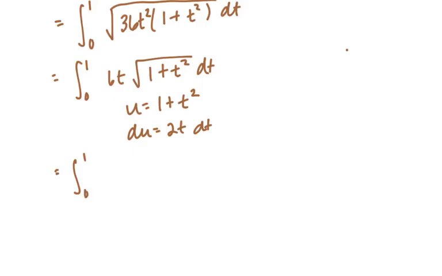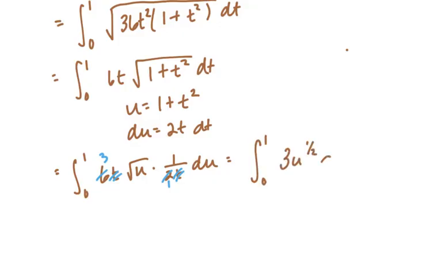So this becomes the integration from 0 to 1 of 6t times the square root of u times 1 over 2t du. Now if these t's don't cancel, you messed up. And 2 goes into itself once and into 6 three times. So we have the integration from 0 to 1 of 3u to the 1/2 du.